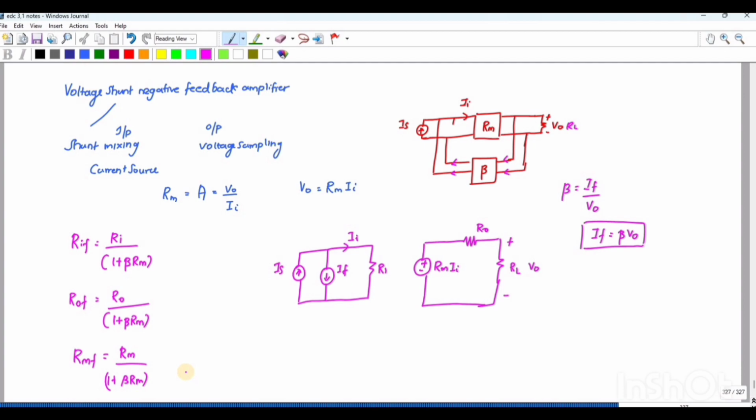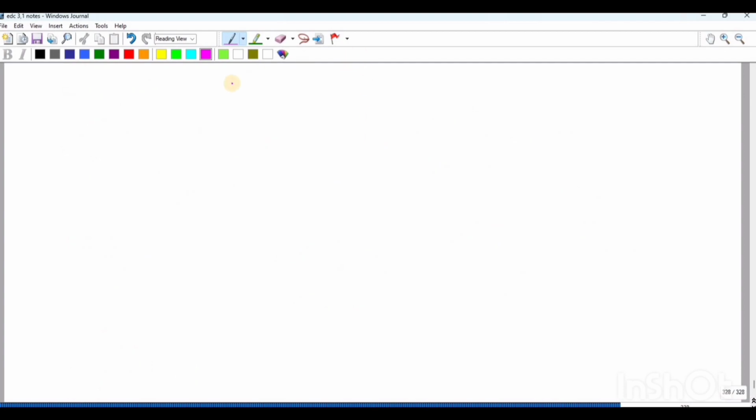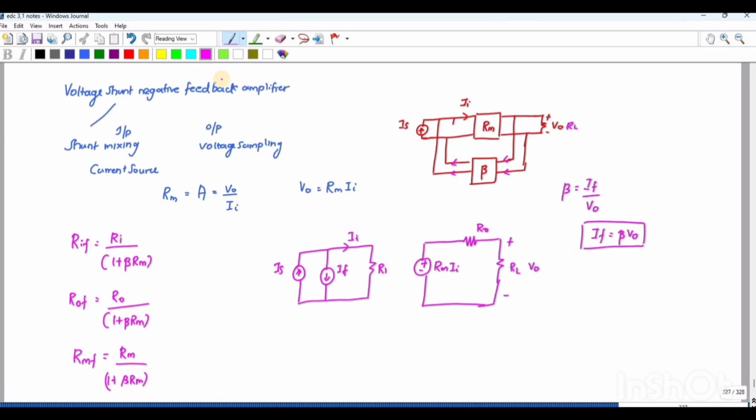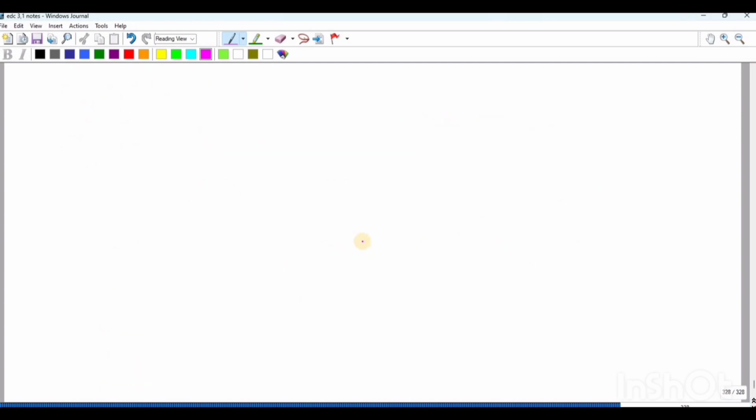On seeing this formula, I can write: these two are my input current, the incoming current, and these two are the outgoing current. So I can write Is is equal to Ia plus If.